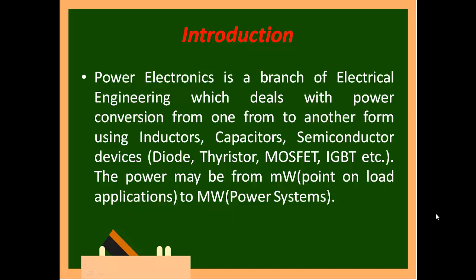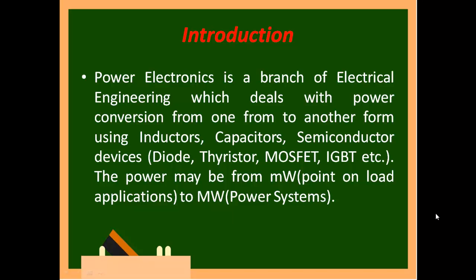So power electronics came into the picture, where I am able to convert fixed AC to variable DC. For this I will be using components like inductor, capacitor and semiconductor devices. Semiconductor devices are diode, thyristor, MOSFETs and IGBT.